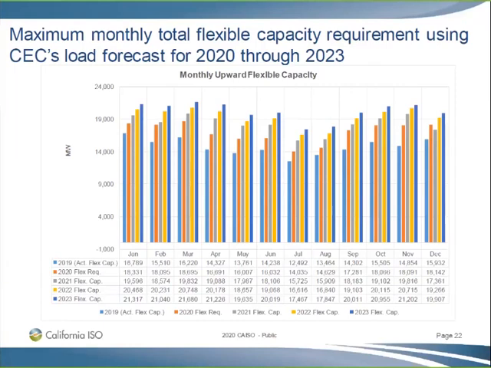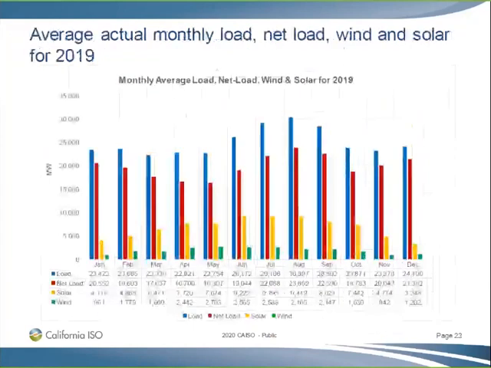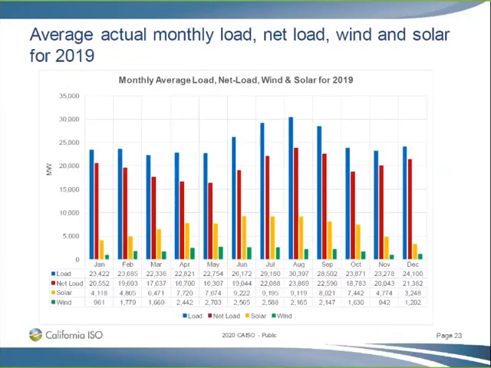So the 3 slides that are coming up just show you the day. Isabella, can you go to slide 23, please? So 23 is fine. Actually I was thinking about slide 24, but slide 23 here shows you the actual load with solar net load, actual data by month, and these are the averages of what we saw in 2019.